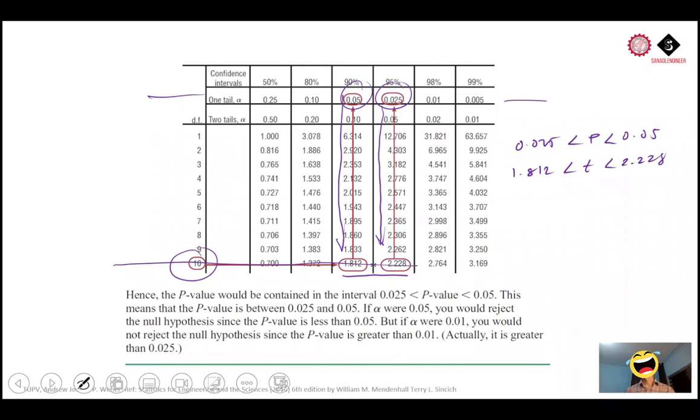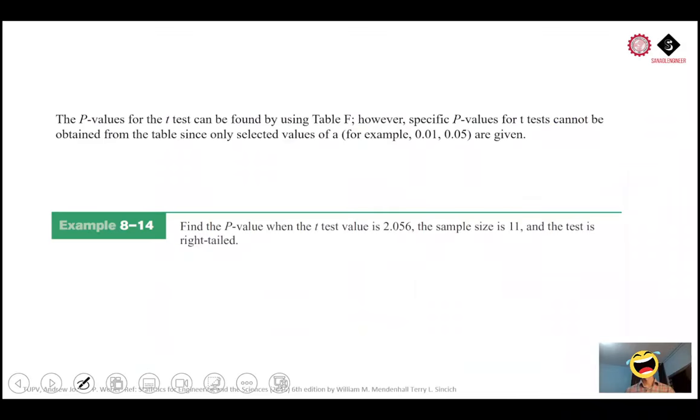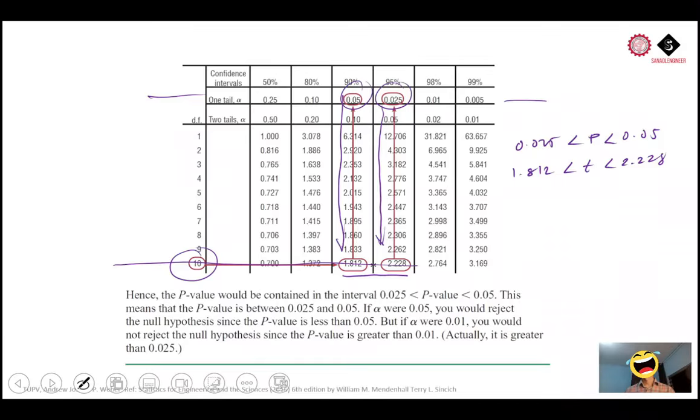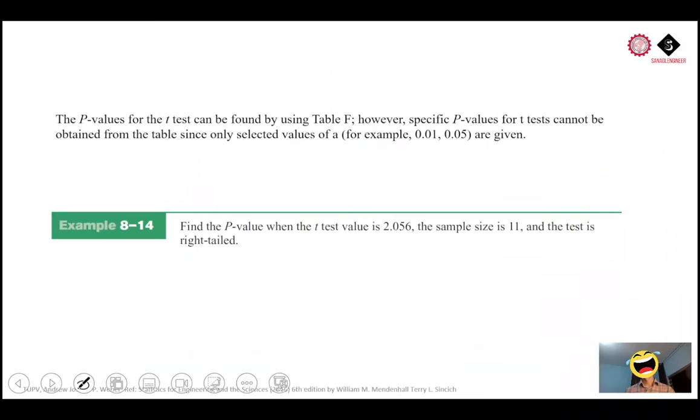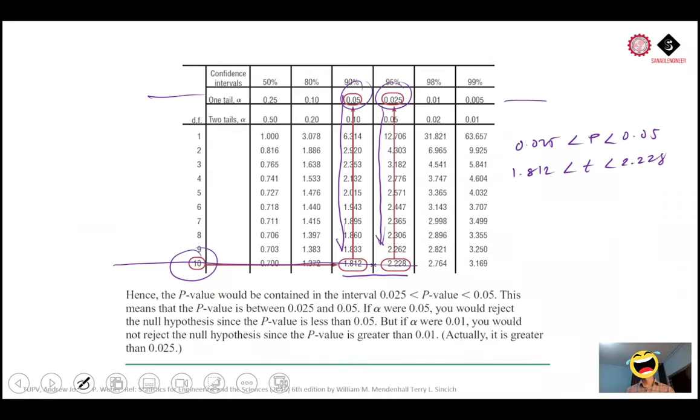So depending on the given significance level, you can conclude whether to reject or accept the null hypothesis, because the p-value for t, which is 2.056, cannot be determined exactly by simply looking at the table, although of course you can determine it through interpolation.